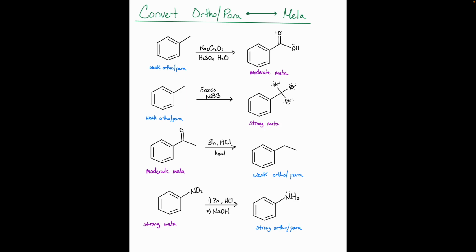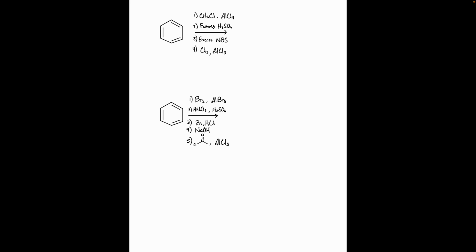We covered them throughout these various 2 chapters, but we took a minute to summarize them as being important, because again, they will convert from ortho-para directors to meta-directors or meta-directors to ortho-para directors, okay? So these are not the electrophilic aromatic substitution reactions we've been mixing and matching, but they're still very important for this chapter. Cool, so let's practice using those.